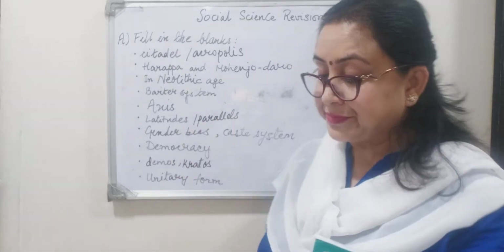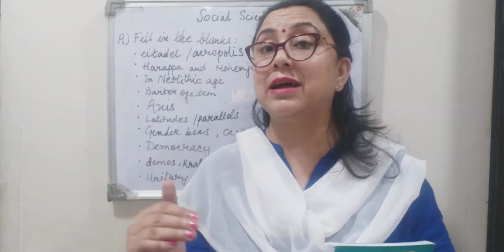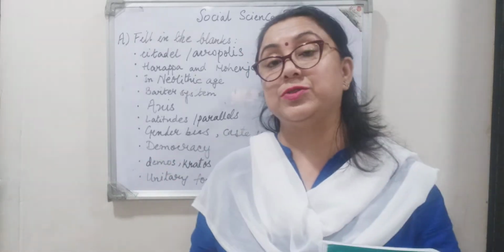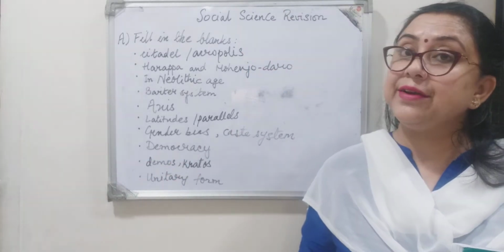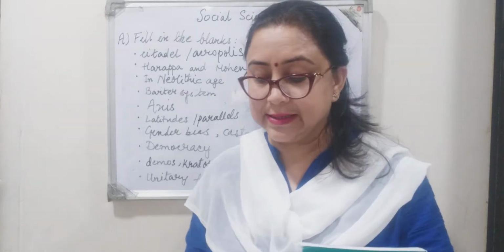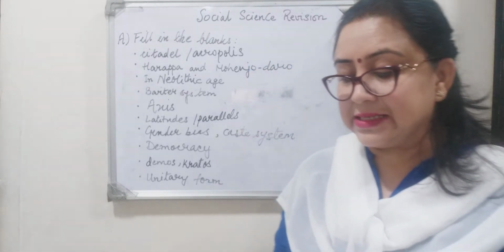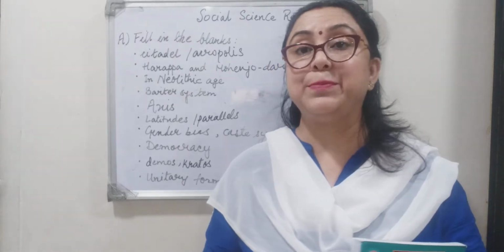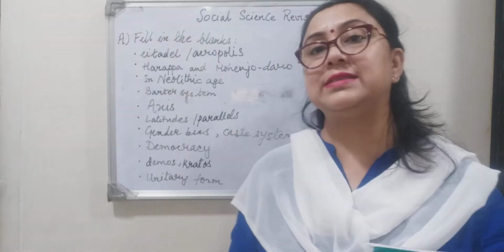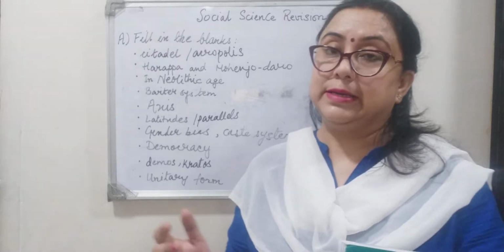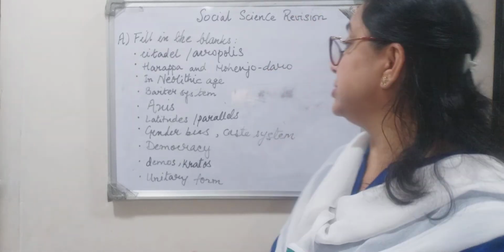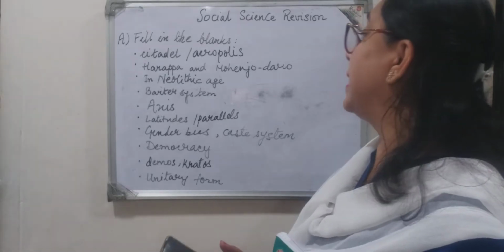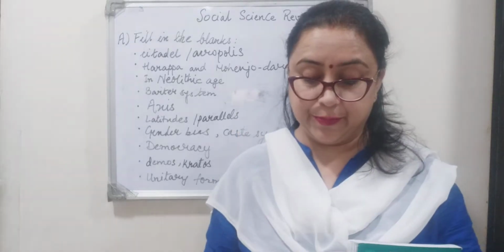So here we are talking about the raised ground, that is the upper part of the city, which was called citadel area or acropolis. The second one, dash and dash are often referred to as twin capitals, the two major cities of Indus Valley civilization. So these are Harappa and Mohenjo-daro.